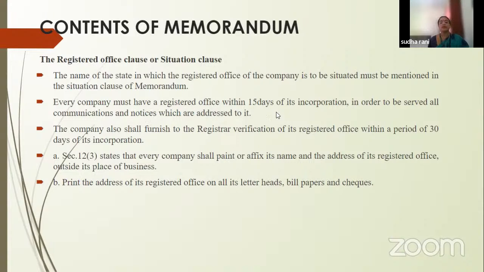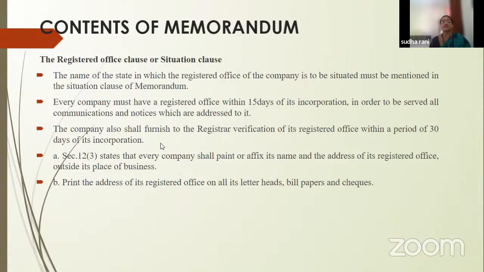Next, within 15 days of the incorporation, every company must have its office at that address. Why should they mention that address? So that based on this address, further communications and notices will be served.